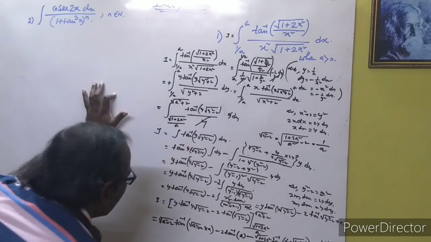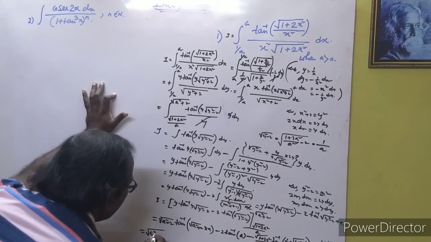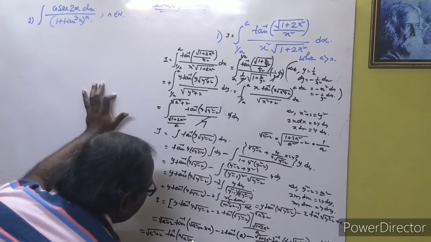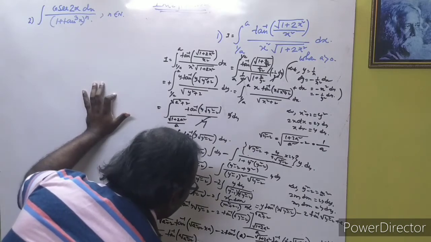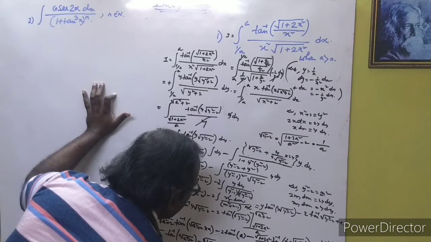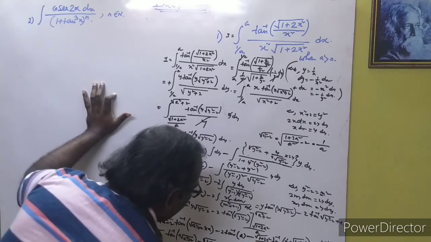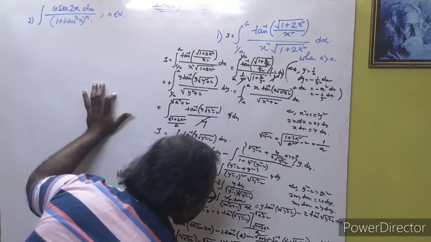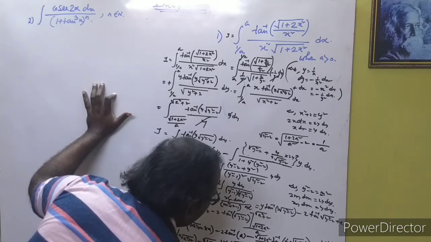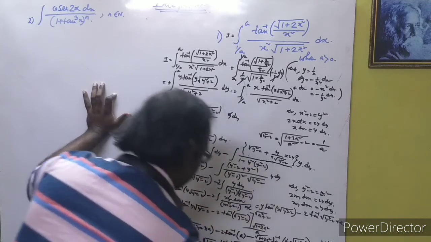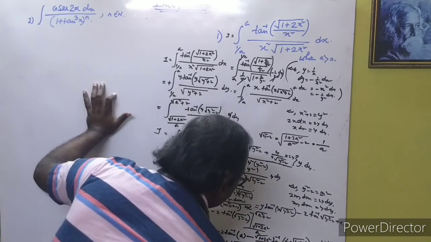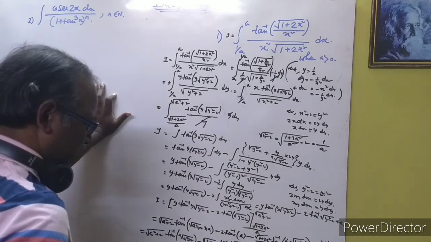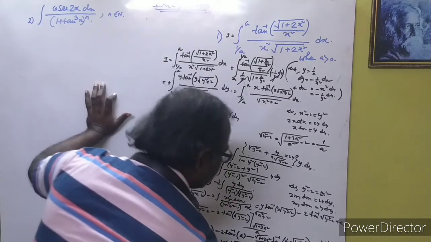Okay, and this can be written as root over a square plus 2 tan inverse a into root over a square plus 2, minus root over 1 plus 2a square by a, tan inverse under root 1 plus 2a square by a square, and minus 2 common, tan inverse x plus cot inverse x. If we add this, that is equal to pi by 2.